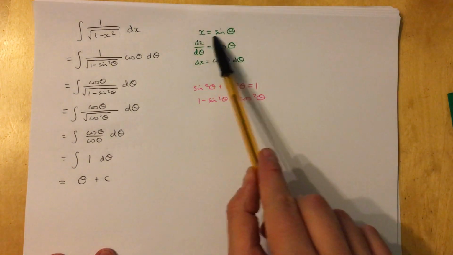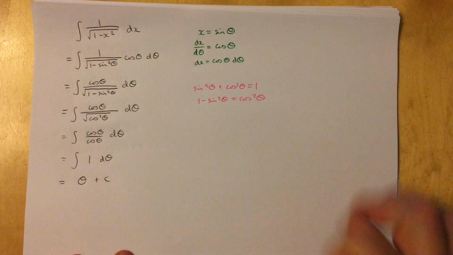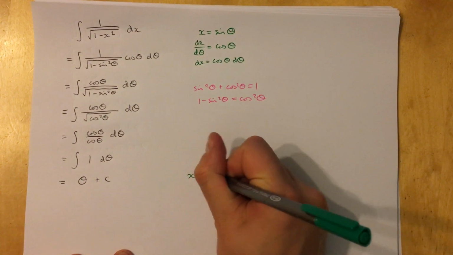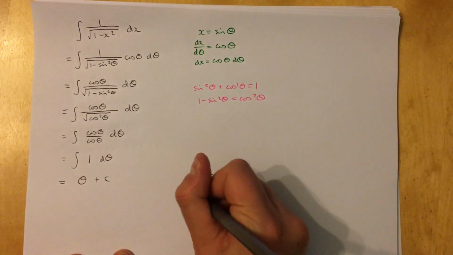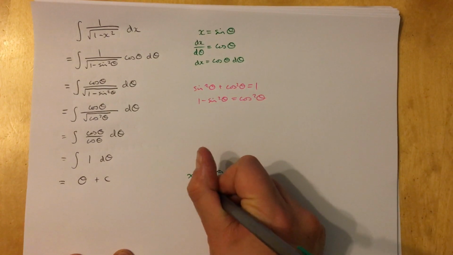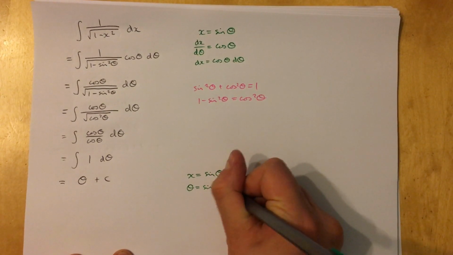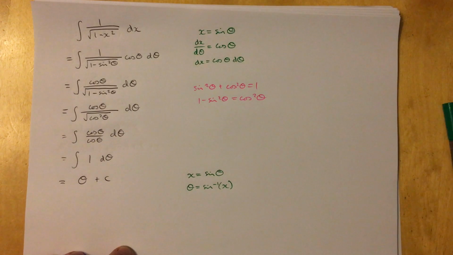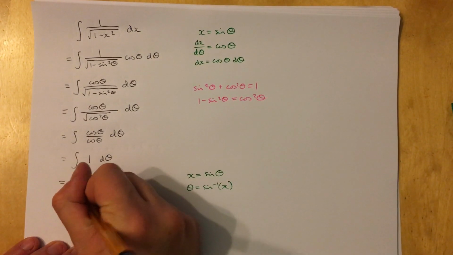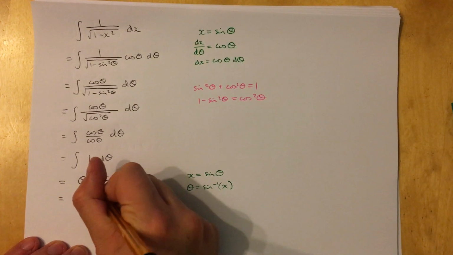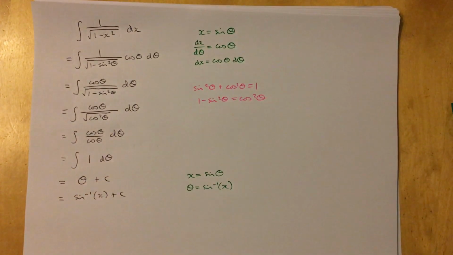So if we go back up here now, we can see that x is sine theta. So if we take inverse sine of both sides, we get that theta is inverse sine of x. So that means our final answer is going to be inverse sine of x plus c.